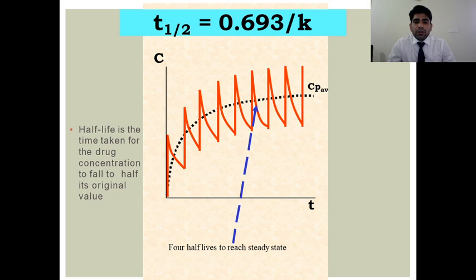That period is after 4 to 5 half-lives, which we can count from the lower peaks of the red line. The blue arrow represents the 5 half-lives, and one peak and valley pattern represents one half-life. Got it?